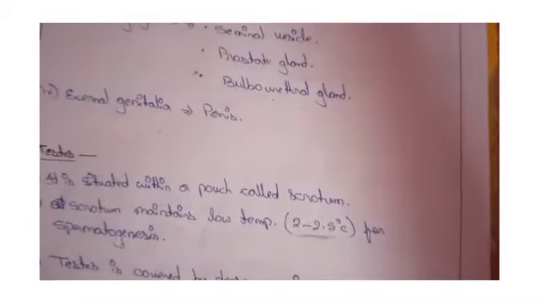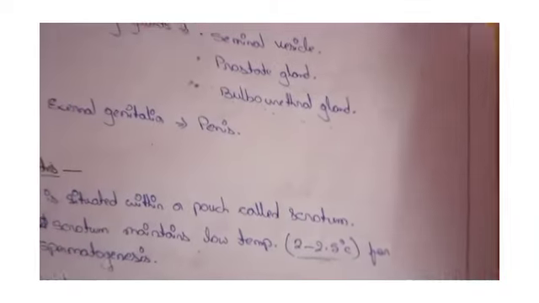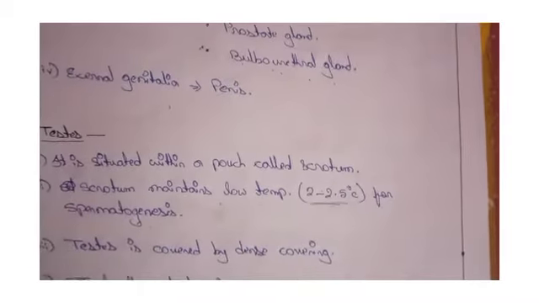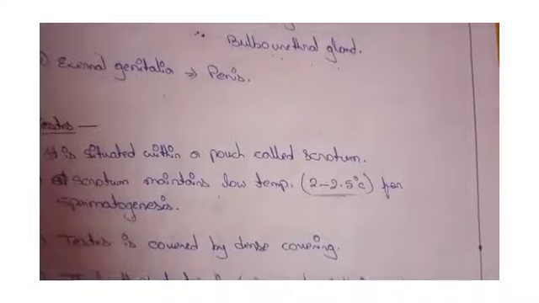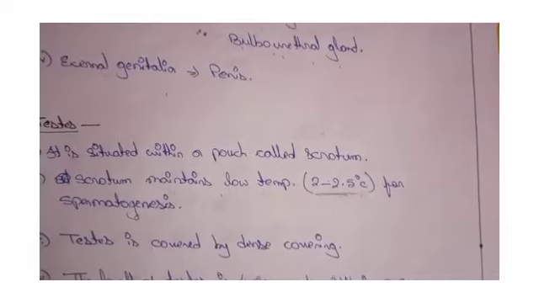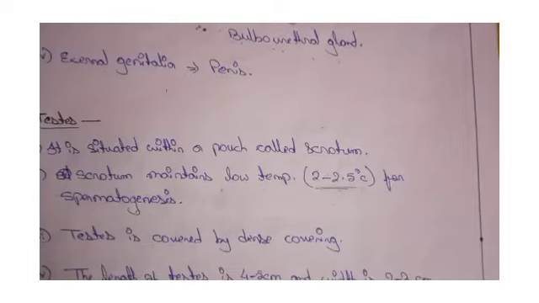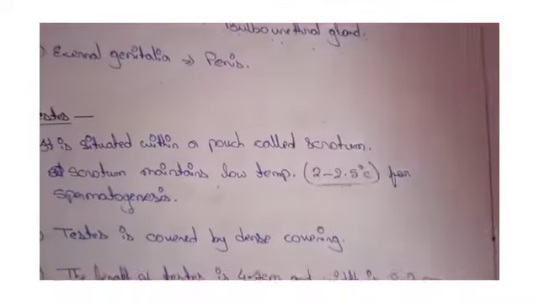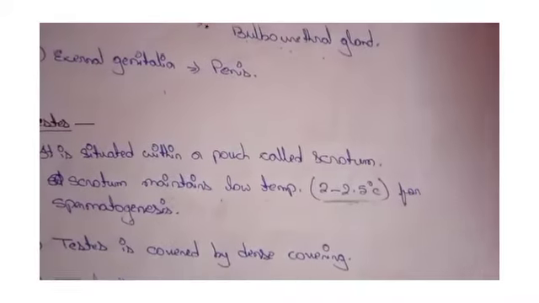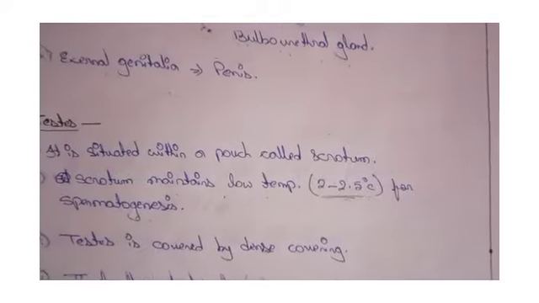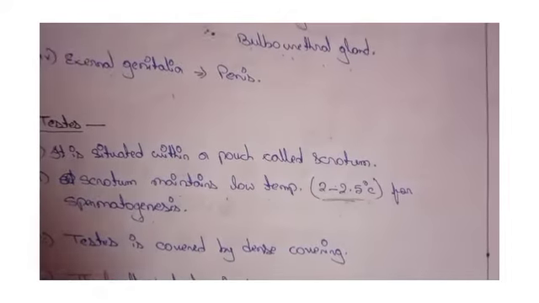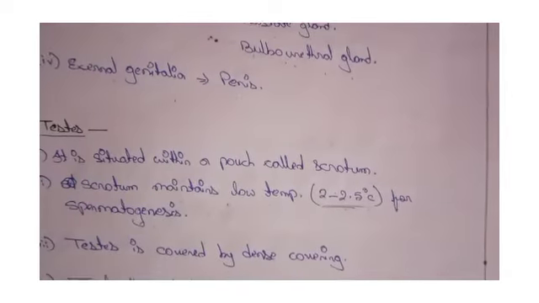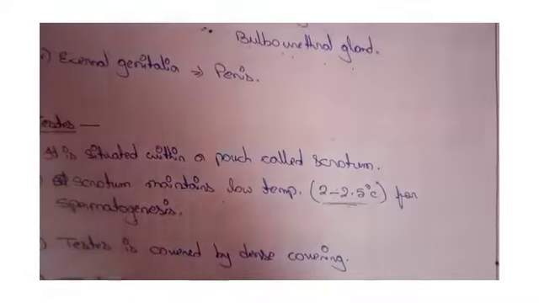The important points are that the testes of a male baby are formed during the 7 to 8 week of pregnancy and are intra-abdominal, meaning the testis has not yet migrated into the scrotum. The testis migrates to the scrotum during the 7 to 8 month of pregnancy. These 2 points are very important from the NEET point of view.